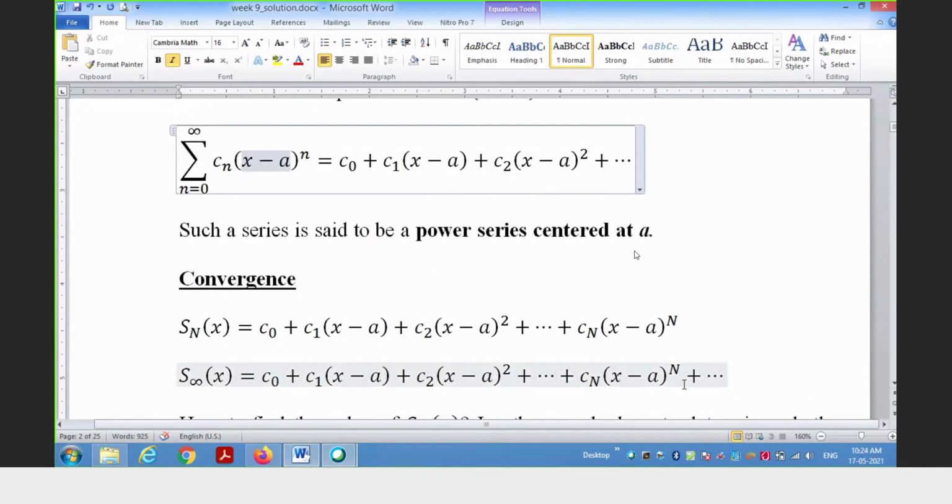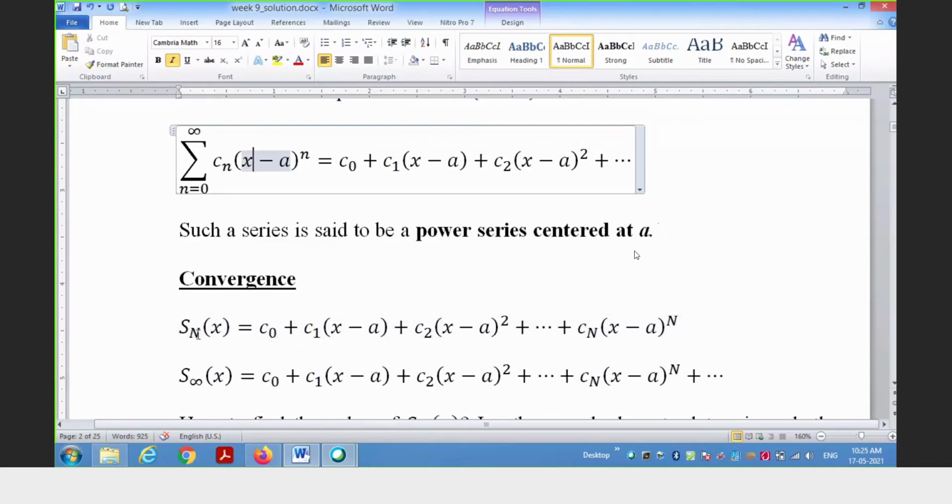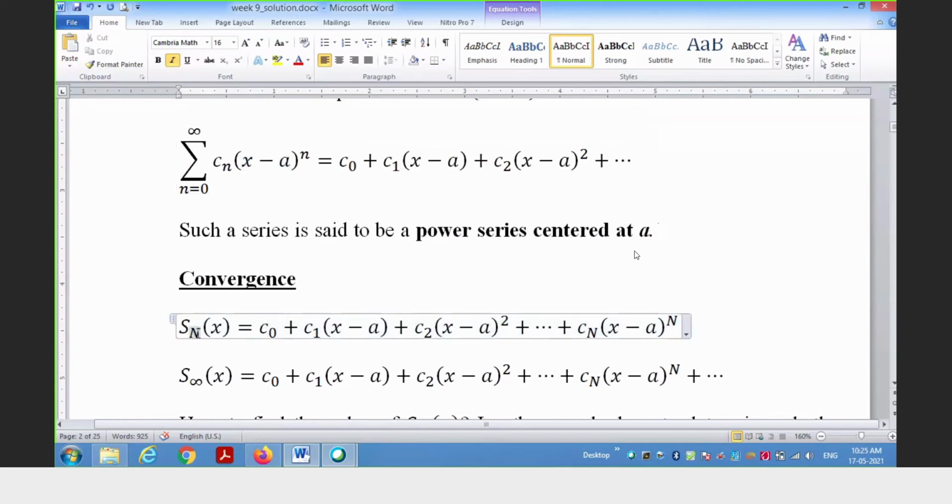Although it has infinitely many terms, we want to test whether it converges or diverges, and to what value. For Sn, it doesn't matter; we can find the value. There's no question about it. We just add the values up to n terms, so we will get this value.